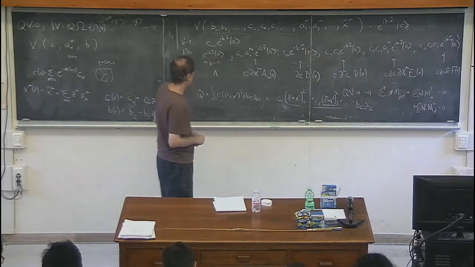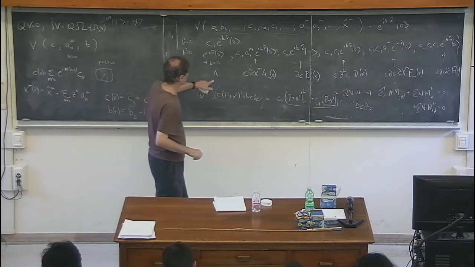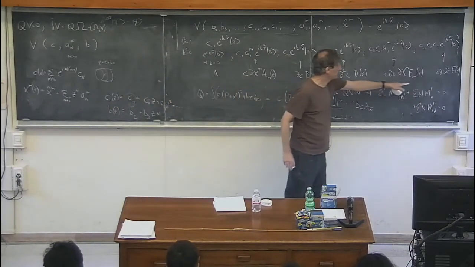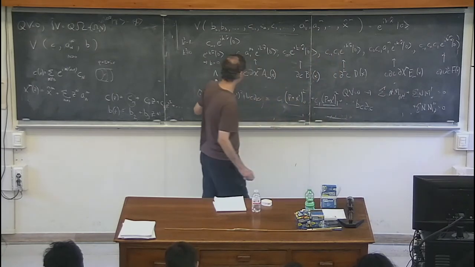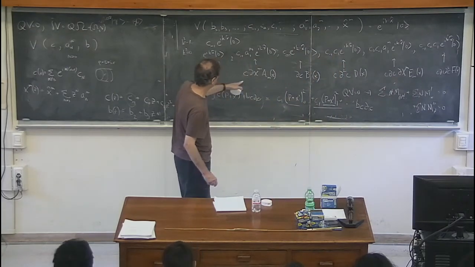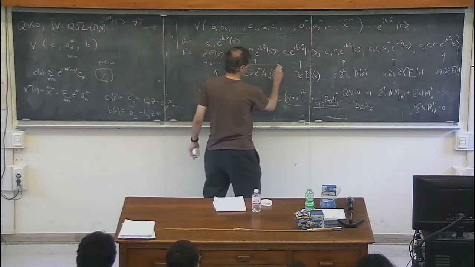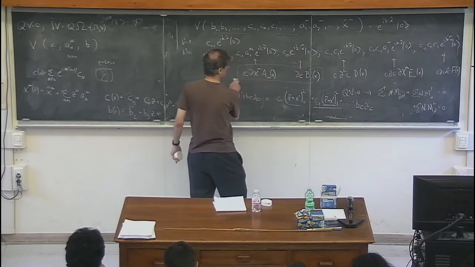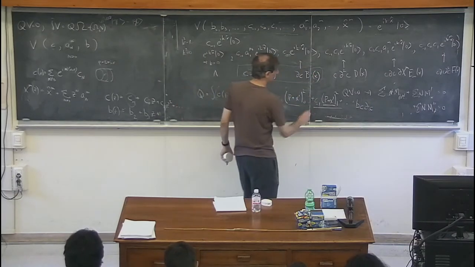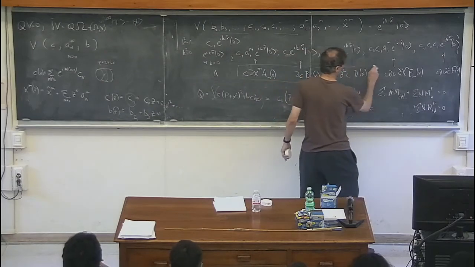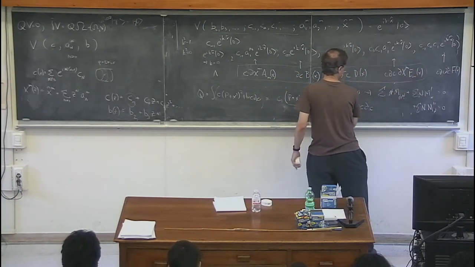So these are all k squared equals 0, but they have different ghost number. So these two operators have ghost number 1. This has ghost number 0. These have ghost number 2. And this has ghost number 3.